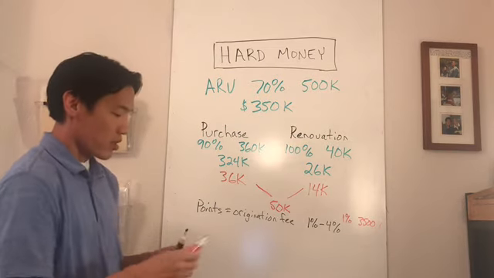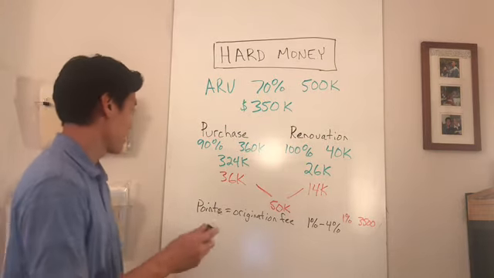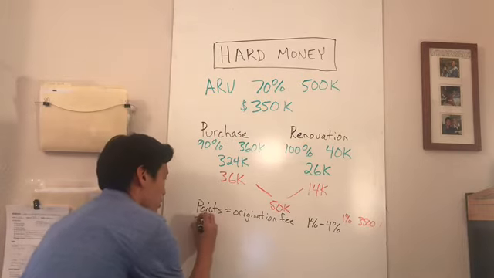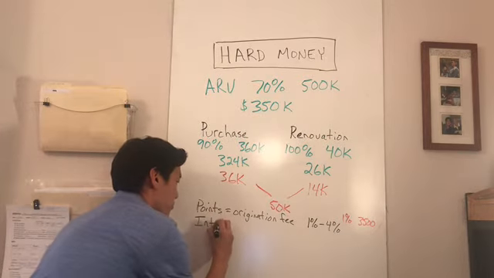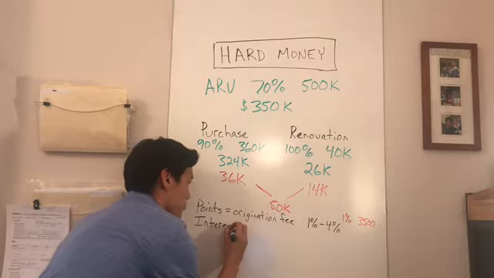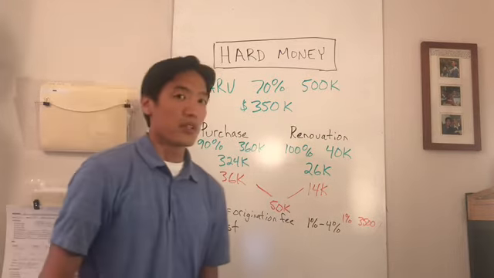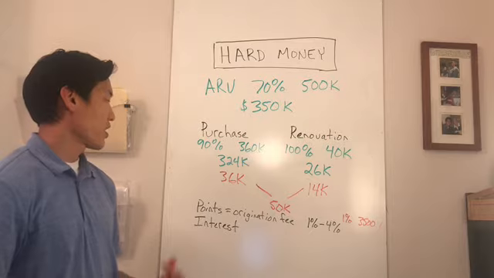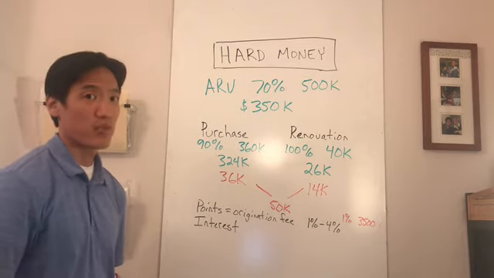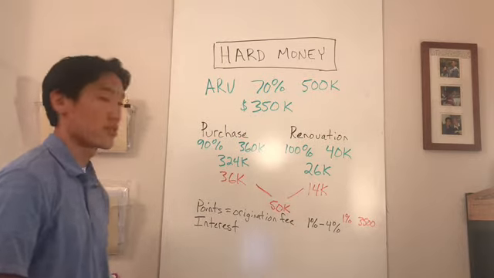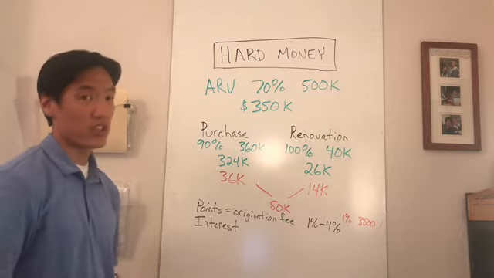Okay. The other part of the terms is interest. Now, investors, when they use hard money, have to keep in mind that interest for hard money lenders typically is interest only, and it's annualized.